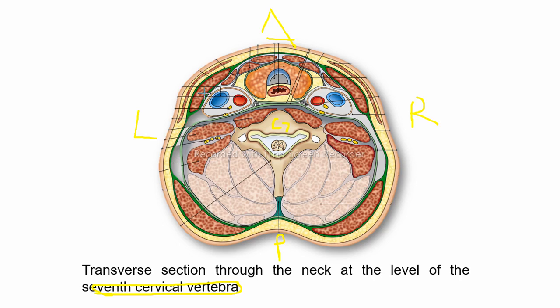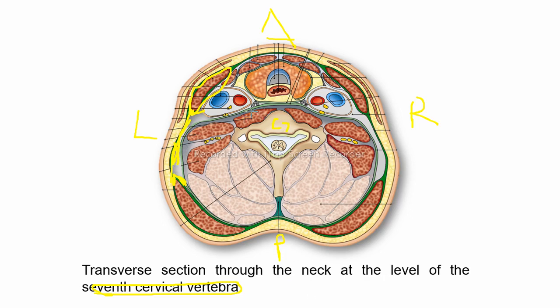Here we can see this green colored layer, it is the deep cervical fascia. Here is the sternocleidomastoid muscle, the posterior border of the sternocleidomastoid, the anterior border of the trapezius muscle, and here is the deep cervical fascia. Below the deep cervical fascia is the posterior triangle.